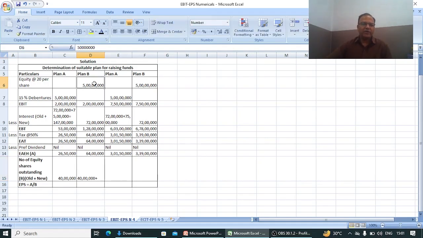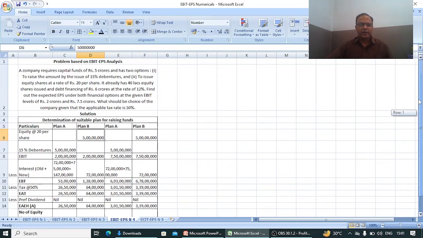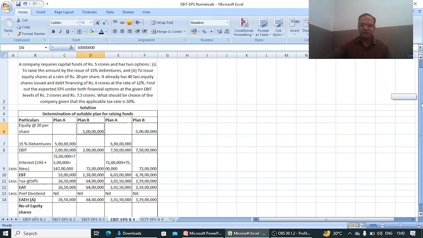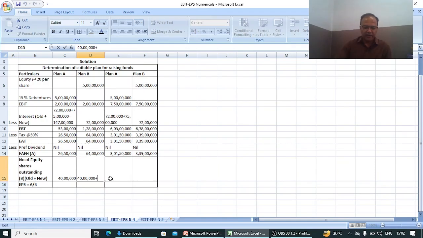New will be 5 crore divided by 20, which means 25 lakh shares. 40 lakh plus 25 lakh is equal to 65 lakh.